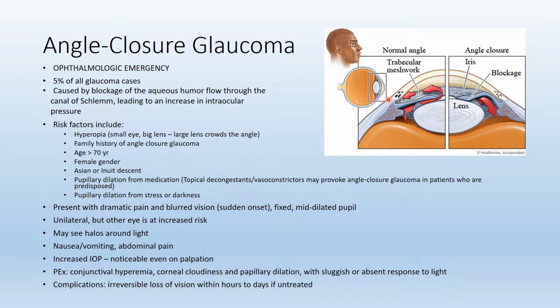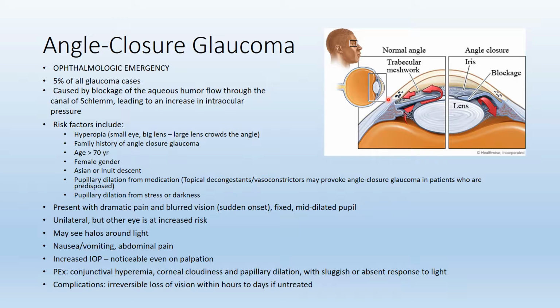So for example, patients who are in a dark area for a long period of time, such as watching a movie, and then exit into the very bright midday sun may be at an increased risk for angle closure glaucoma.